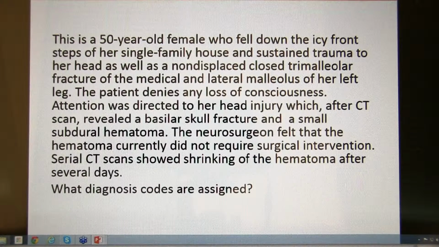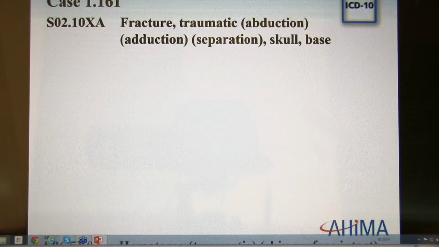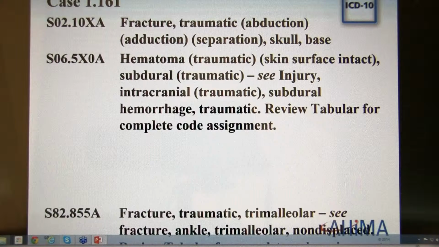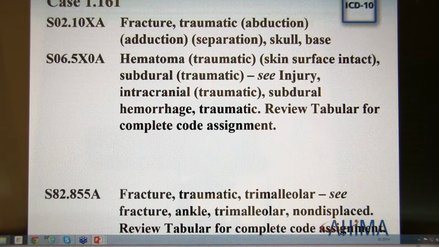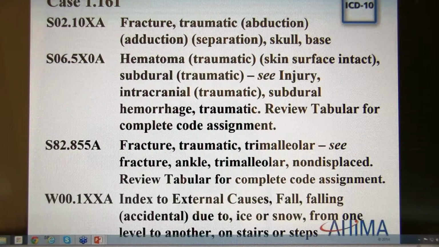And again, that 7th character A for the initial encounter, along with the hematoma, initial encounter with the A. And then we have the fracture of the ankle there, the non-displaced fracture. We have the reason that this patient fell or got hurt was falling due to ice or snow from one level to another, so that's stairs or steps.